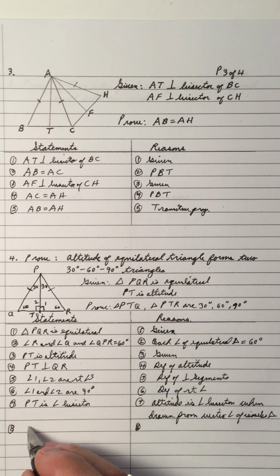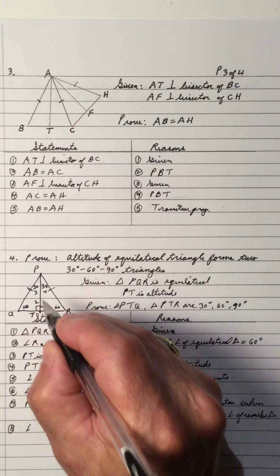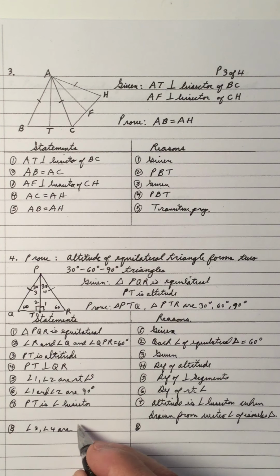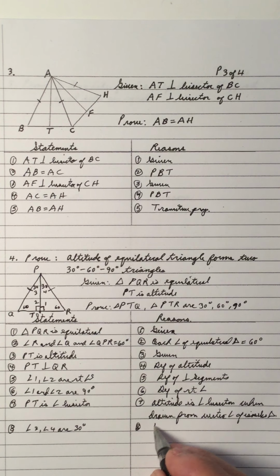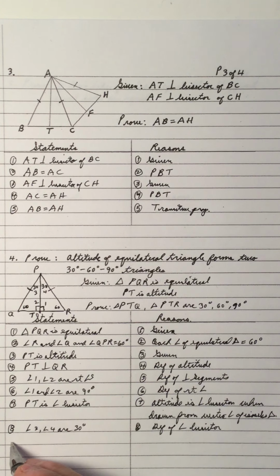that means that you bisect, that means that angle, let's name this angle 3 and angle 4. Angle 3 and angle 4 are 30 degrees. Definition of an angle bisector, because the angle is 60, that's bisected at 30 degrees each.